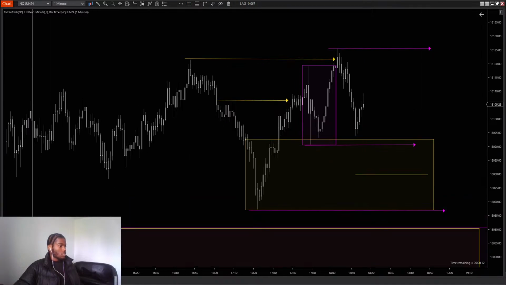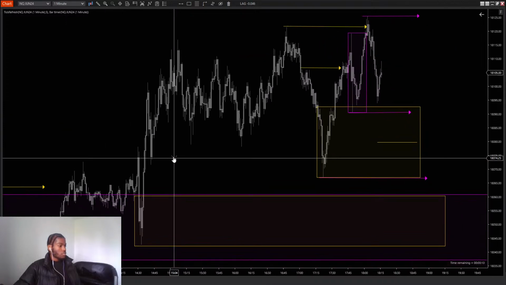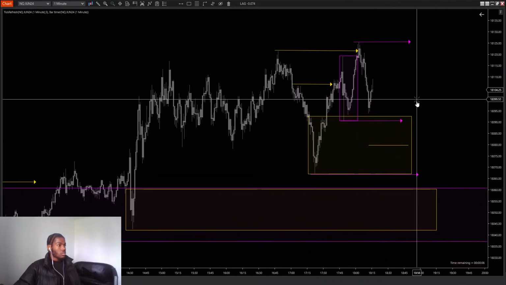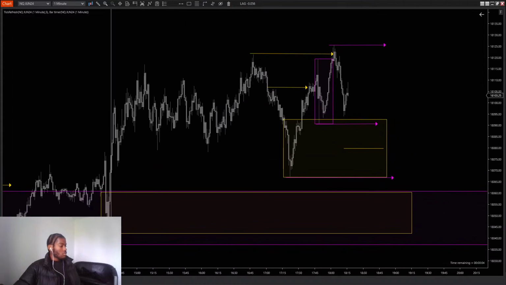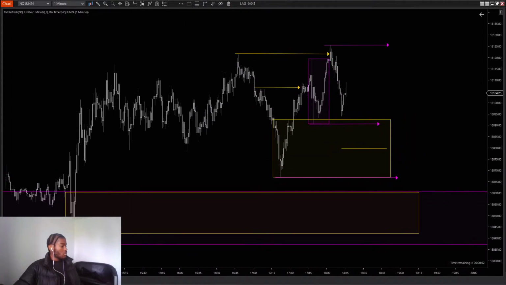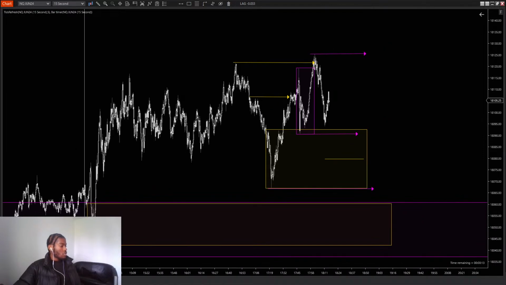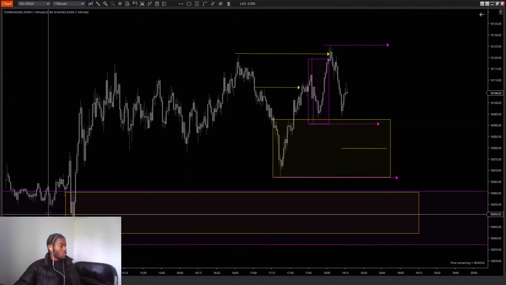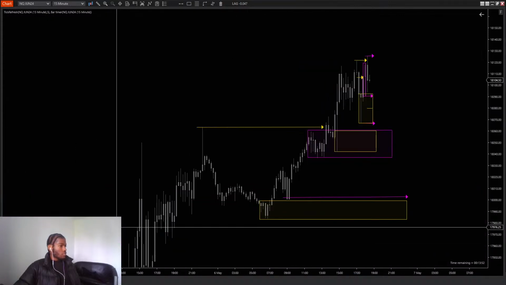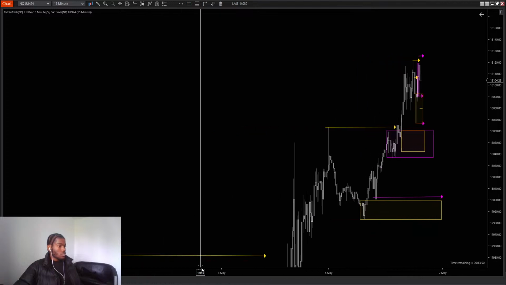Where we at? Oh, okay. I'm zoomed in just a little bit. There we go. You guys can see, right? So 15-second structure is 1 minute candlestick structure.